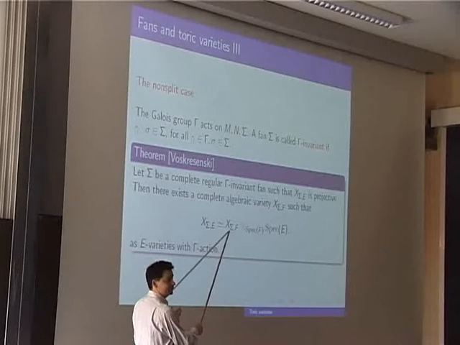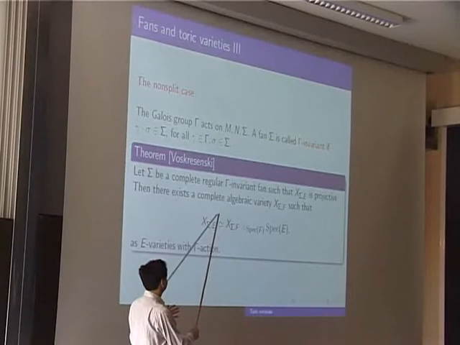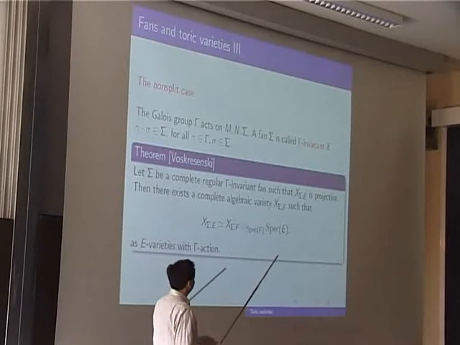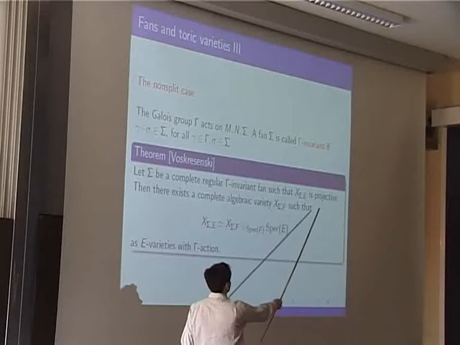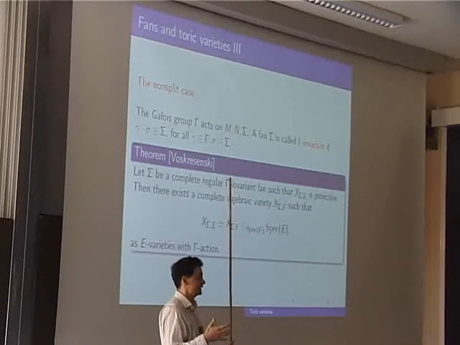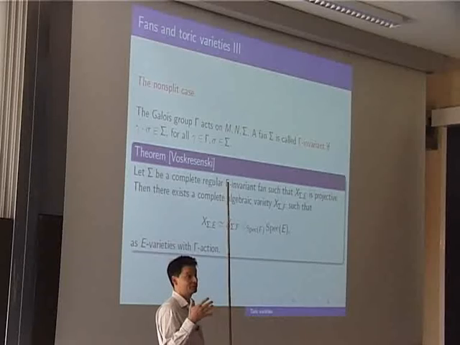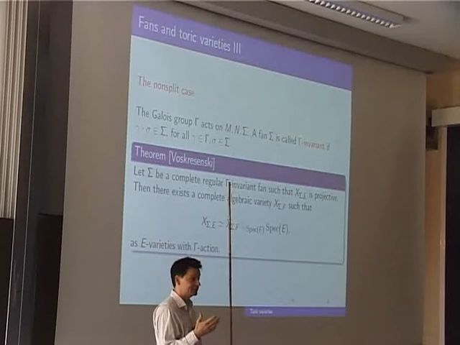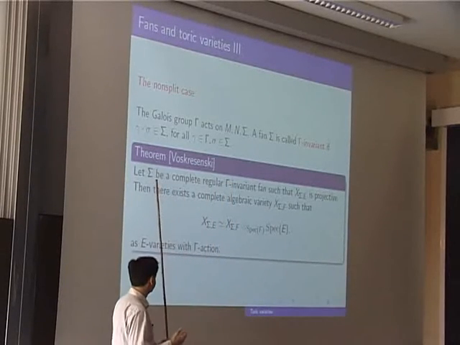So this will be an equivariant compactification of the non-split torus T. The only subtlety is, if you don't insist on projectivity, then this descent may not produce an algebraic variety. This will be an algebraic space. So the first example, or basic example, of an algebraic space.